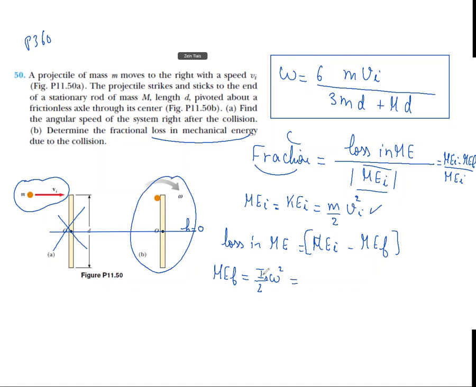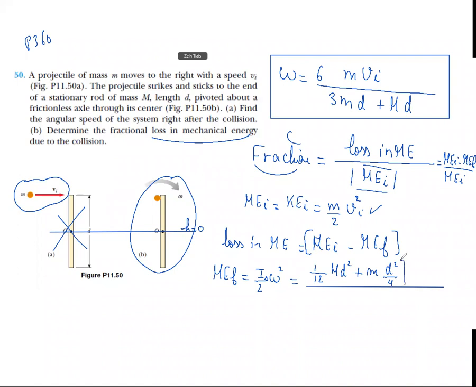We calculated already I_S, which is equal to 1 divided by 12 M D square plus M D square divided by 4.